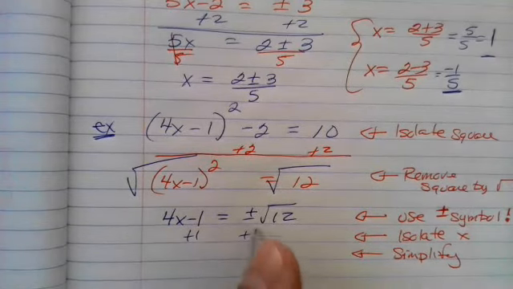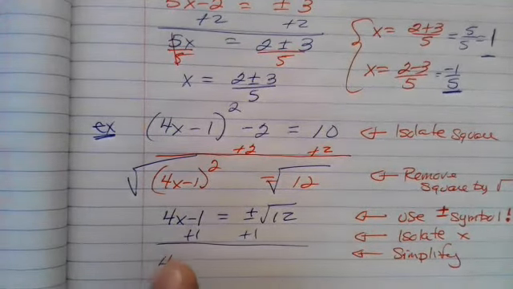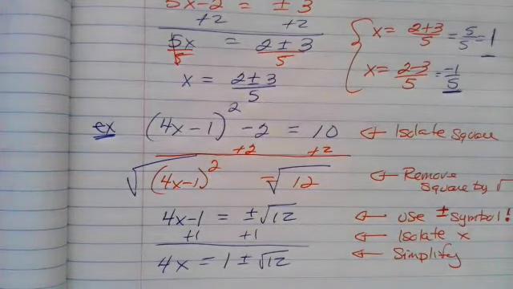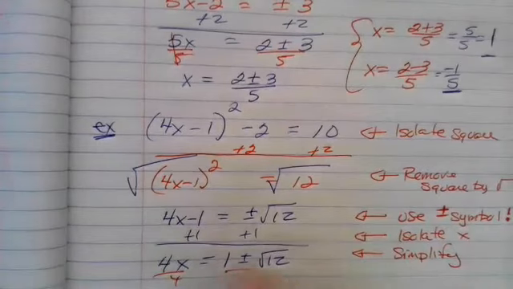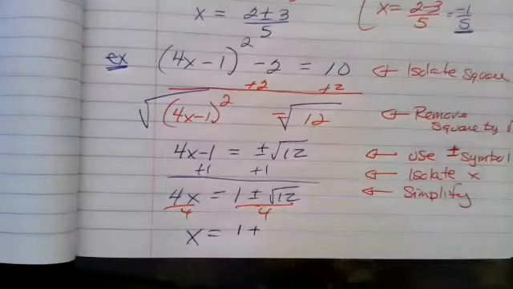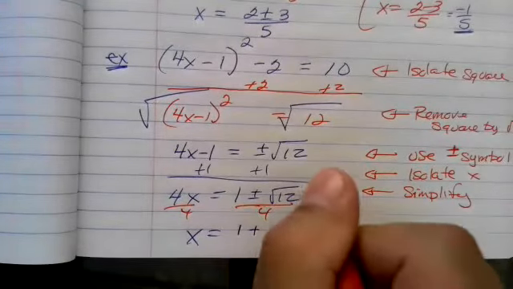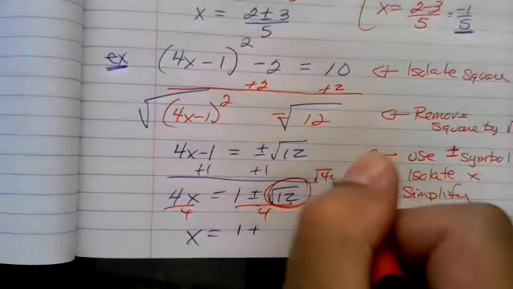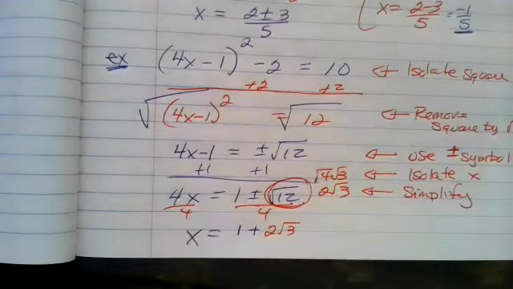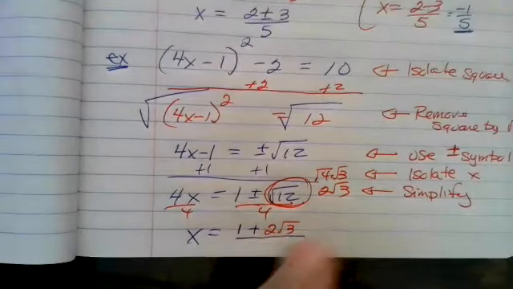I'm going to do plus 1, plus 1. So I have 4x is equal to 1 plus or minus rad 12. Divide by 4, divide by 4. So x is equal to 1 plus or minus, I'm running out of room, so I'm going to simplify this. Rad 12 is rad 4 times 3, which is 2 rad 3, all over 4.